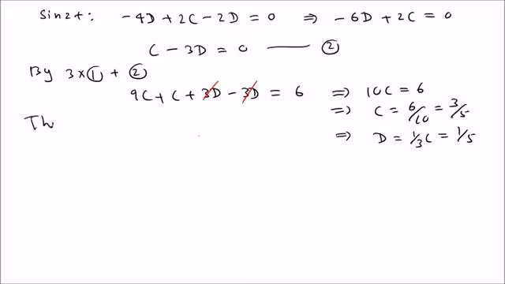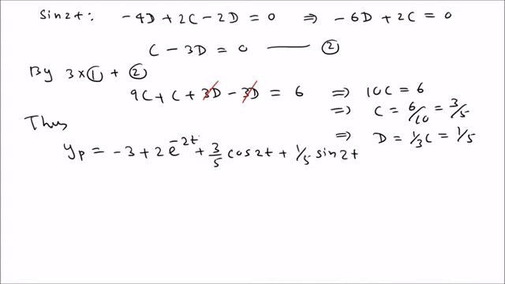So thus the yp is negative 3 plus 2e to the negative 2t plus 3/5 cosine 2t plus 1/5 sine 2t. So we get all the terms.